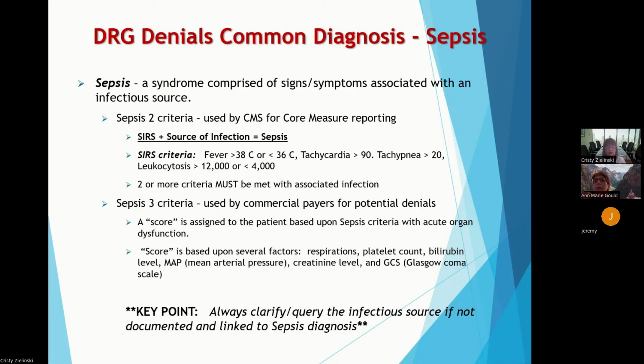The key point here: always clarify or query the infection source if not documented and linked to the sepsis diagnosis, as well as making sure there is acute organ dysfunction diagnosed and linking that information to sepsis as well, so then you can get your severe sepsis diagnosis.